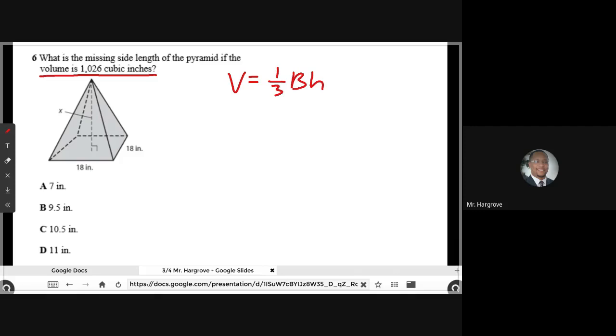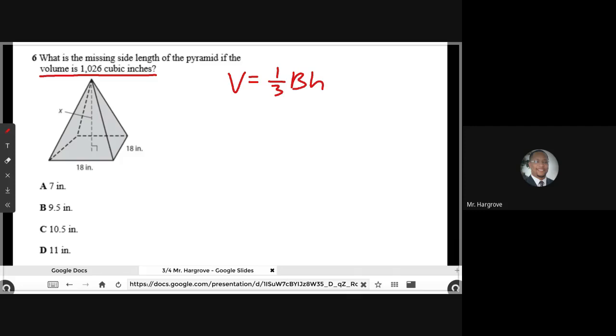Type that into the chat for us. It is a missing number, but what part of the volume formula? You see that there's a capital B, there's an H. So does X represent the capital B or the H?